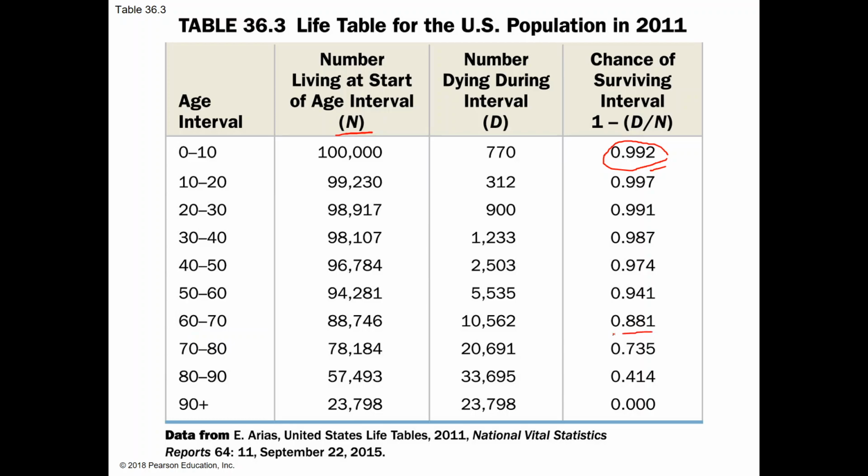You've got about an 88% chance here in the U.S. At 90 plus, the U.S. population is likely not to make it over the age of 90. So that's the kind of information. This is how population data can be displayed and communicated to the public.